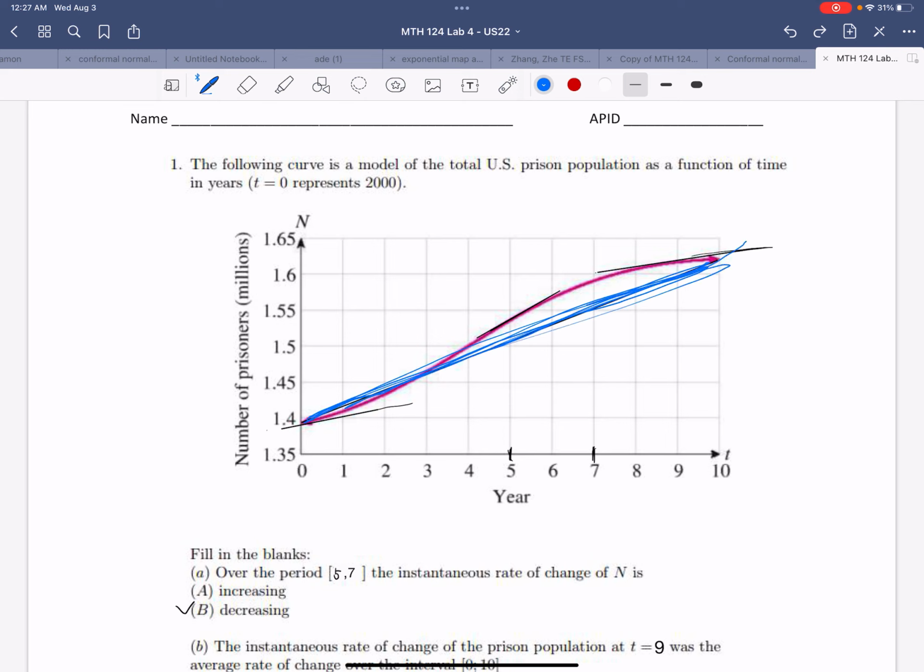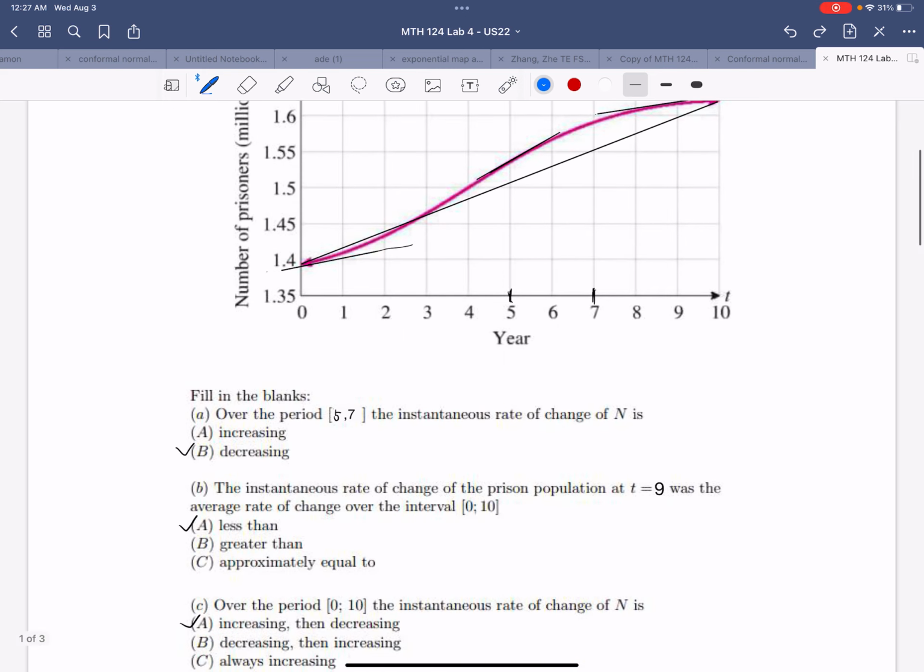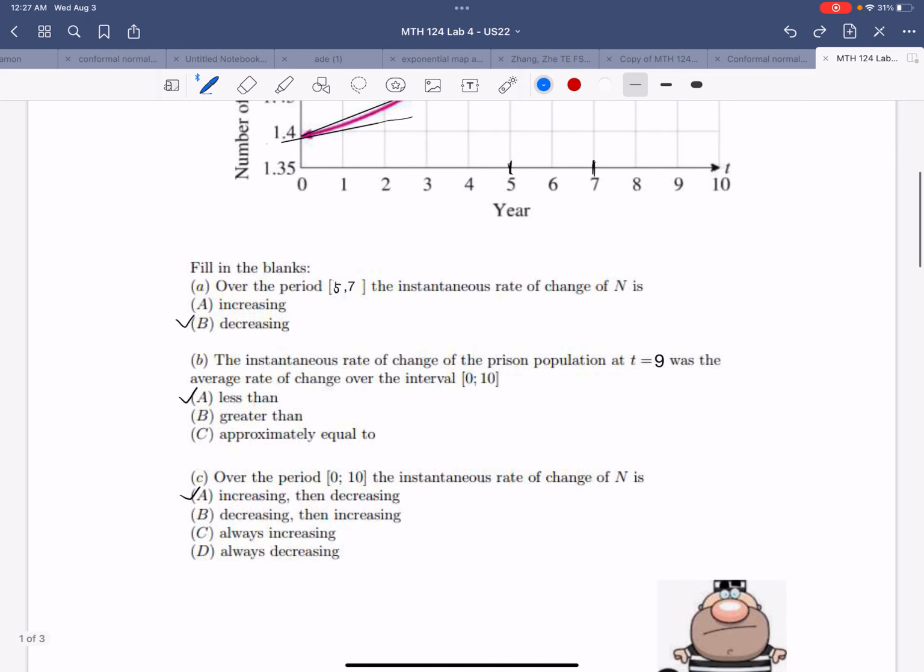This line's slope is clearly bigger than the slope at 9, right? So here we choose less than.